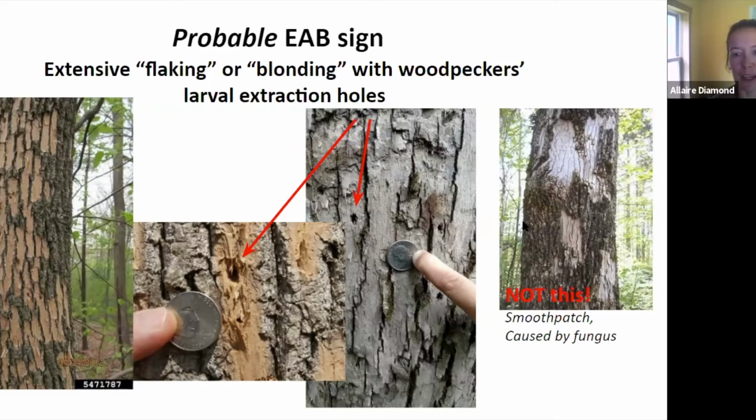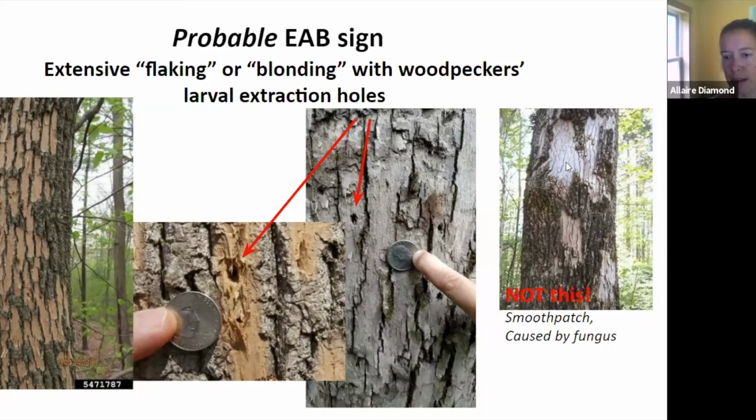especially when you're looking high in the tree, this really common fungal symptom. It's called smooth patch. That's caused by a bunch of different kinds of fungi that causes the outer layer of ash bark to slough off. And this is something that I see really commonly. I see it high in trees, I see it low in trees.